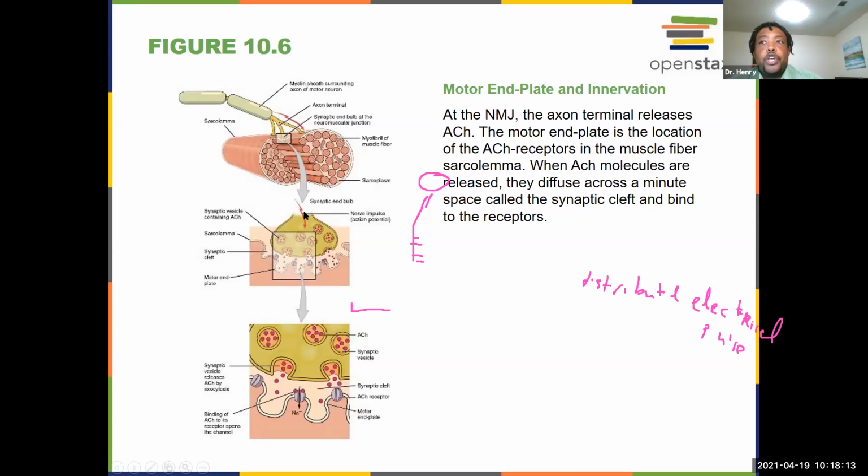So this here is kind of like getting that pulse, right? So this is like a very local one.